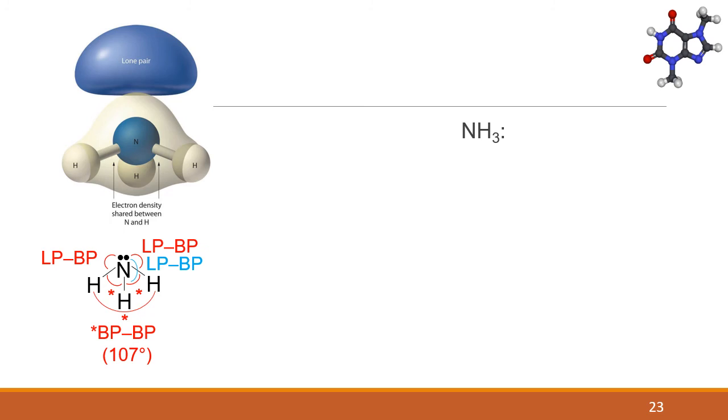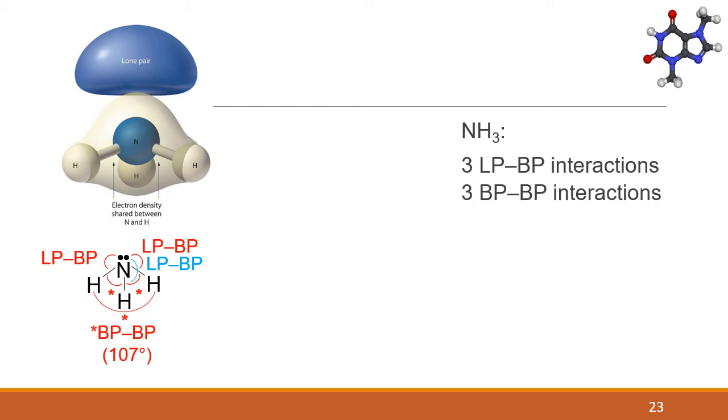The ammonia molecule has 3 lone pair-bonding pair interactions between the lone pair in nitrogen and the 3 hydrogen atoms. The 3 hydrogen atoms have 3 bonding pair interactions between them. The bond angle is 107 degrees instead of the predicted 109.5 degrees.